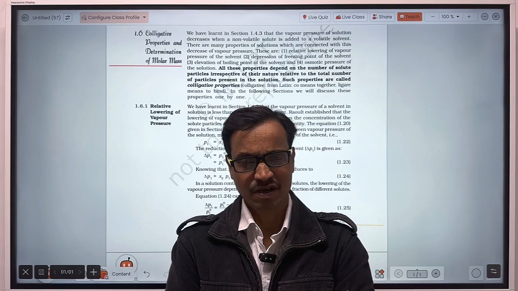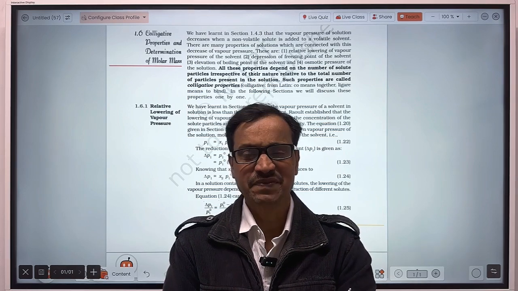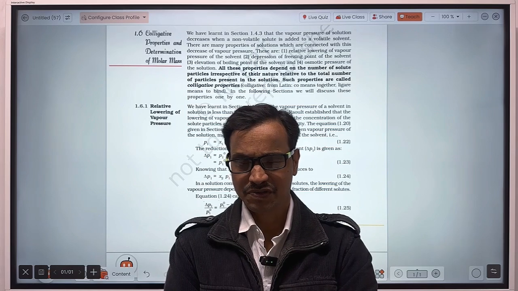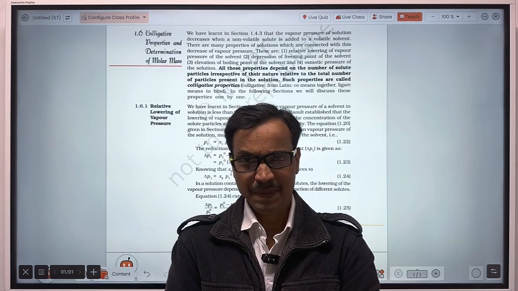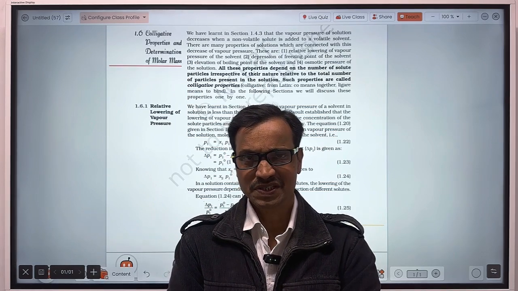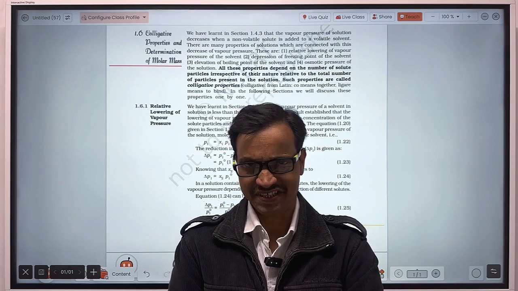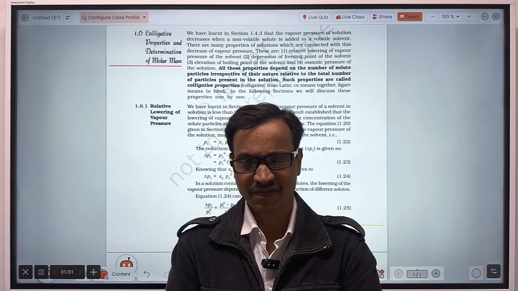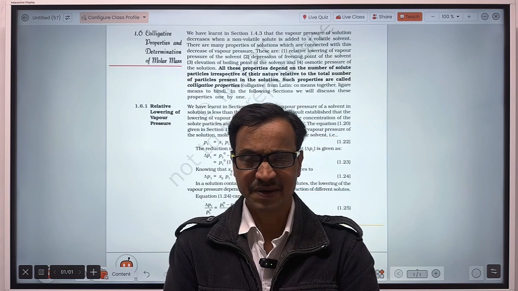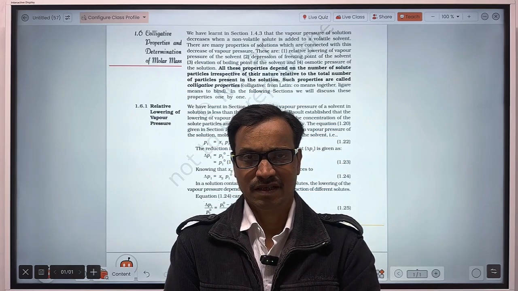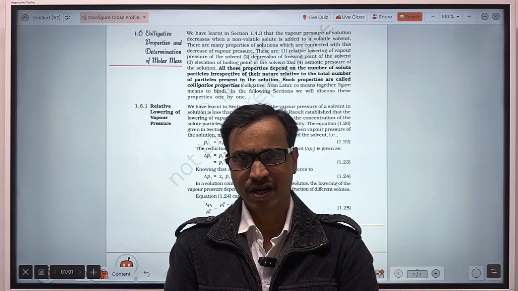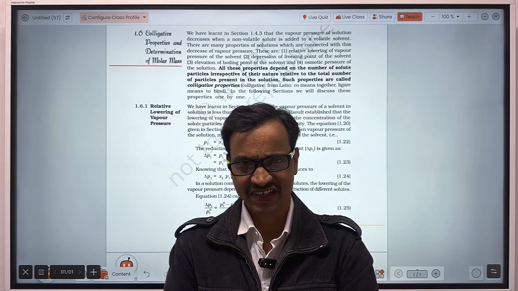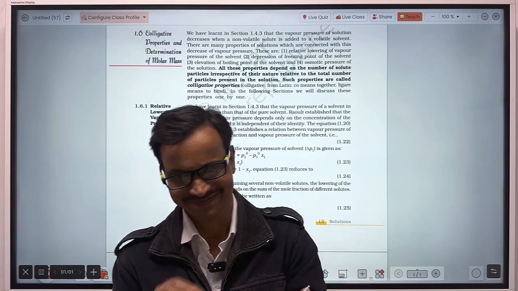Relative lowering of vapor pressure means how much the vapor pressure will decrease when a solid dissolves in a liquid solvent, with respect to the vapor pressure of the liquid solvent in pure state. It means the decrease in vapor pressure with respect to the vapor pressure of the solvent when a solid solute dissolves in the liquid solvent.